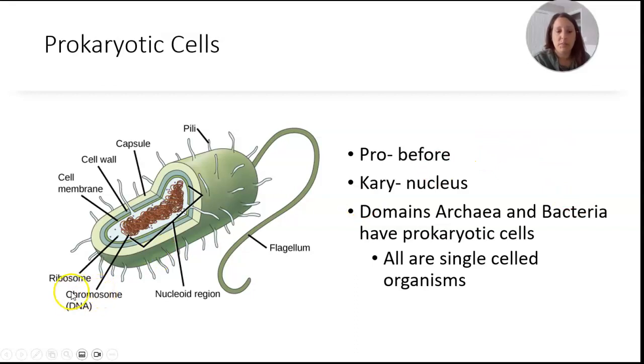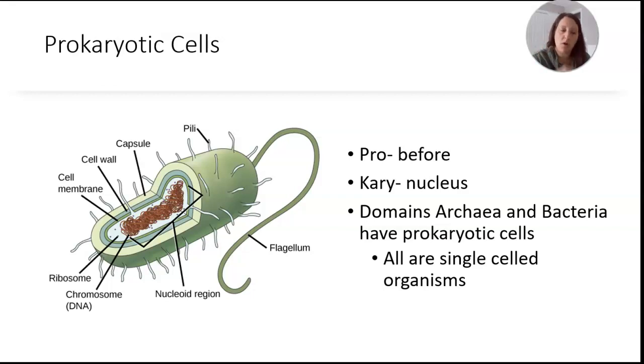So if we look here in this picture, you can see it labeled chromosome, DNA, right here, this brown coiled up stuff. This is in a region of the cell called the nucleoid region. There is no membrane around it, so it's not a nucleus. Okay, and just to give you a little bit more information, prokaryotic DNA is circular, and they usually only have one circular DNA molecule.